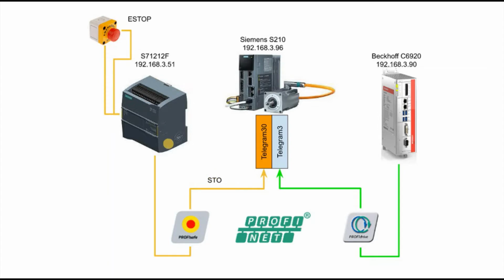S7-1212F, a safety PLC. Maybe you ask: why do you do it like this? Why can't you integrate all the telegrams inside one controller? Yes, that's true. But sometimes, for example, we have an existing system in the production line. Before, it didn't have safety integrated functions, but someday they want safety functions.